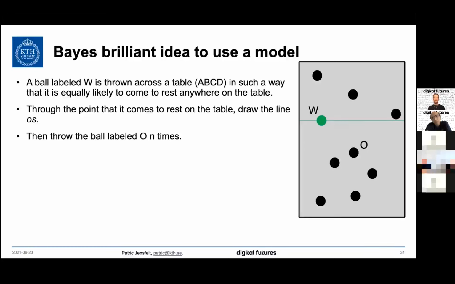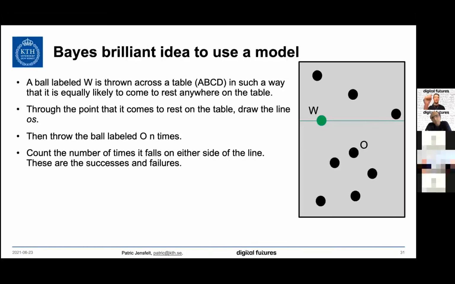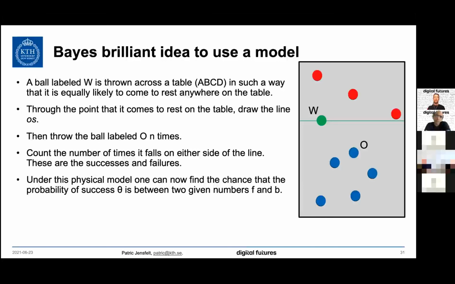So we've thrown a bunch of balls, and then we count the number of times it is on either side of this line here. And we consider the ones that are below to be true and the ones above to be false, for example. And then this allows us to say something about the position of that W.